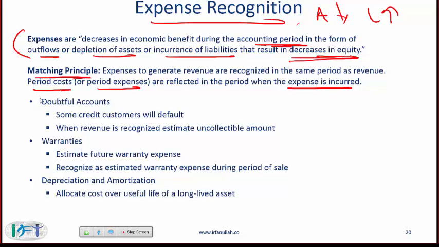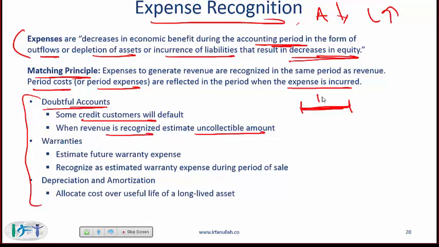Three important types of expenses from a testability perspective are shown here. One is doubtful accounts, also called bad debts. This has to do with the fact that some customers will default. When revenue is recognized, estimate uncollectible amounts. The point is, if you make $100,000 worth of sales in a given period, the bad debt will become obvious later.